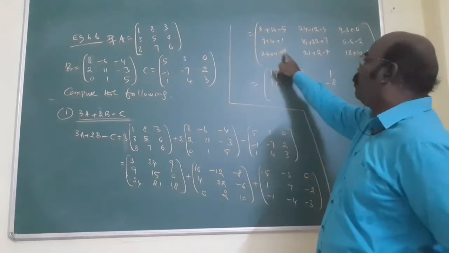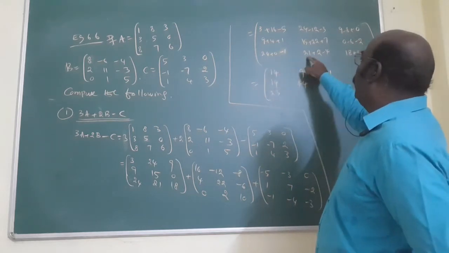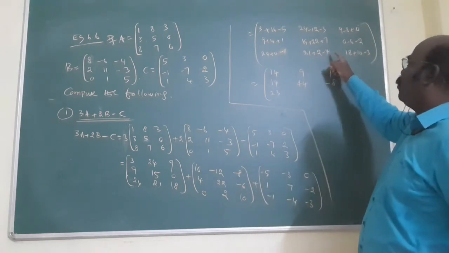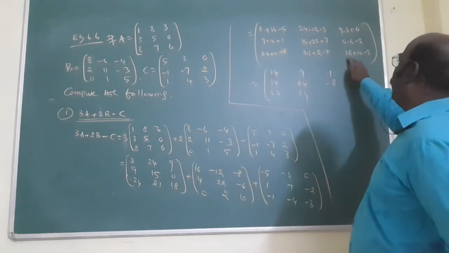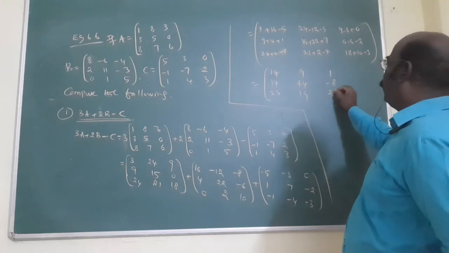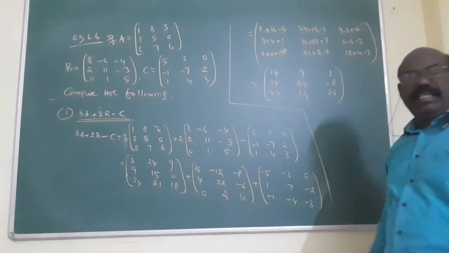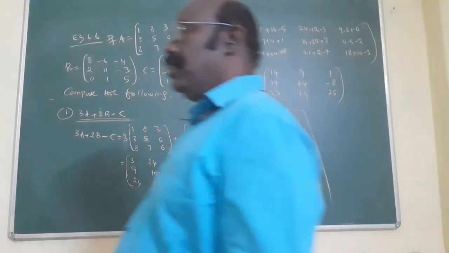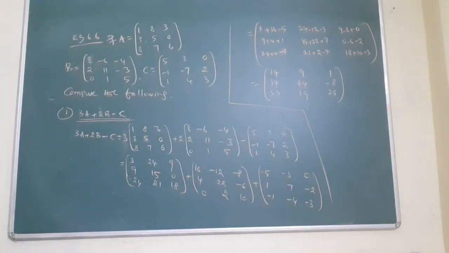Here, 24 minus 1, 23. Here, 23 minus 4, 19. Here, 28 minus 3, 25. In this way you simplify and we get the answer: 14, 9, 1, 14, 44, minus 8, 23, 19, 25.